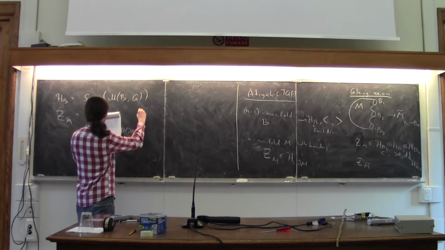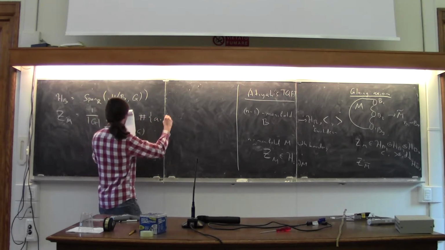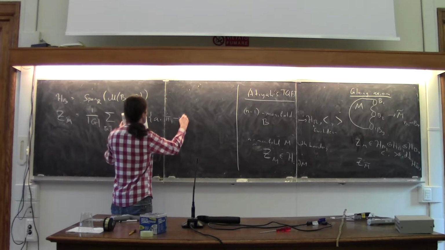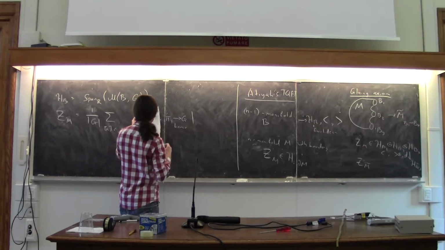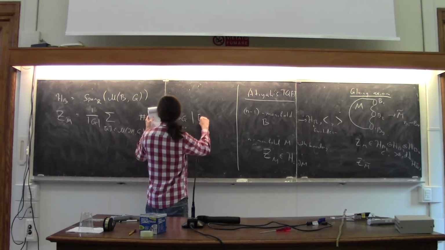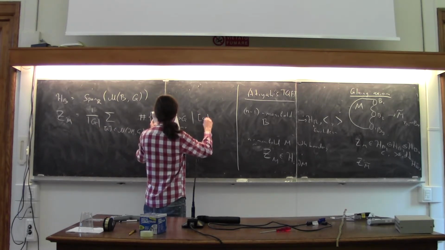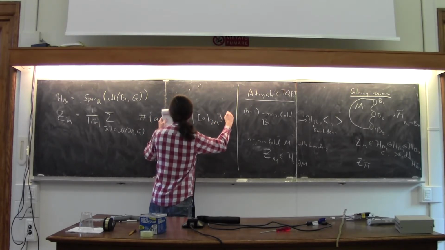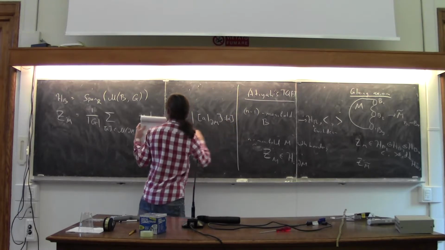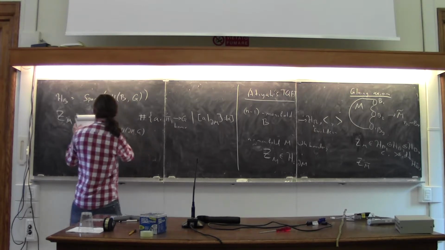Here I should put some number, which is the number of group homomorphisms from pi1 to G which induce a particular conjugacy class of homomorphisms on the boundary, the given class beta. Oh, I am doing something terrible.